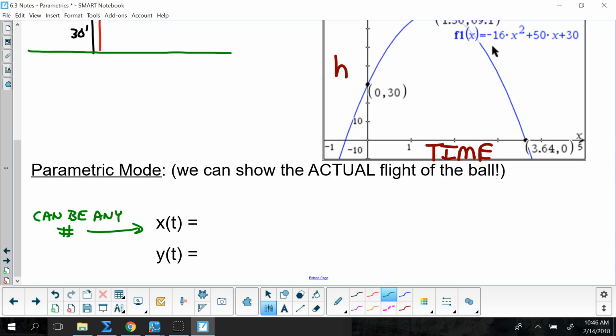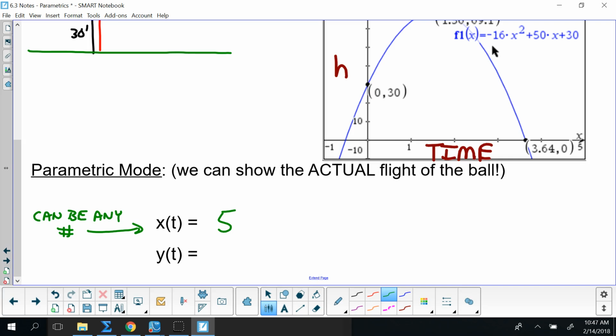So what do you want it to be? 5? I like 5. If you don't like 5, make it be 7. If you don't like 7, make it be anything but 0. Because why don't we want 0? Because that's right along our axes, right? Okay? So we don't want 0.